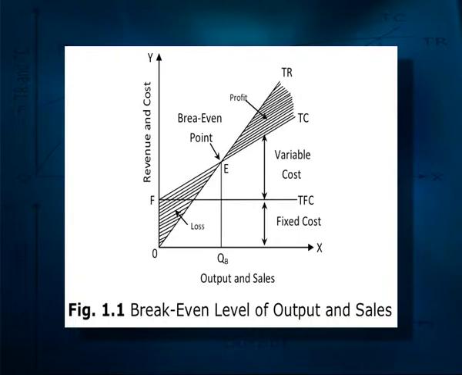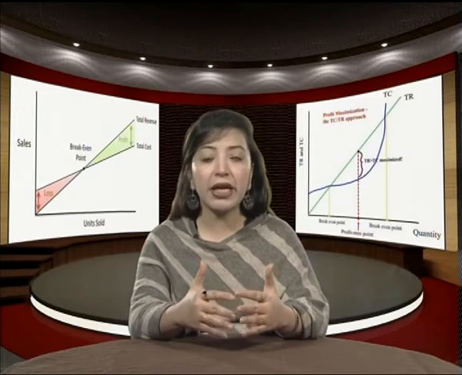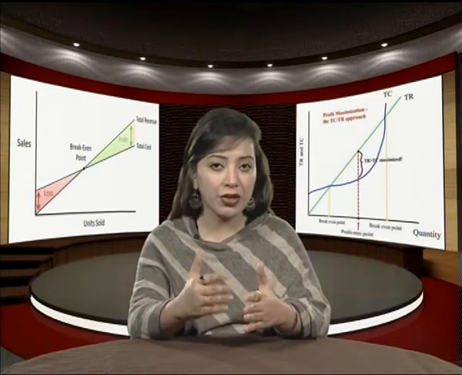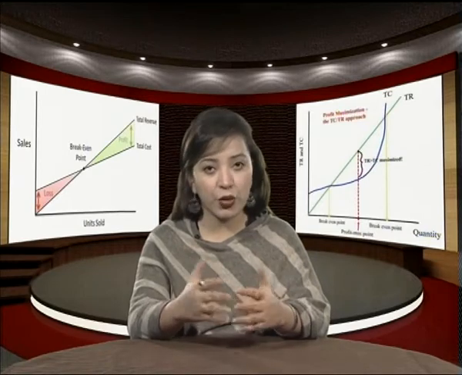Similarly, the total cost function TC is a straight line starting from point F on the y-axis and thus represents the linear relationship between total cost and output. It may be noted that in our analysis of cost function, we have explained that average variable cost falls over a range of output in the beginning and then begins to rise.